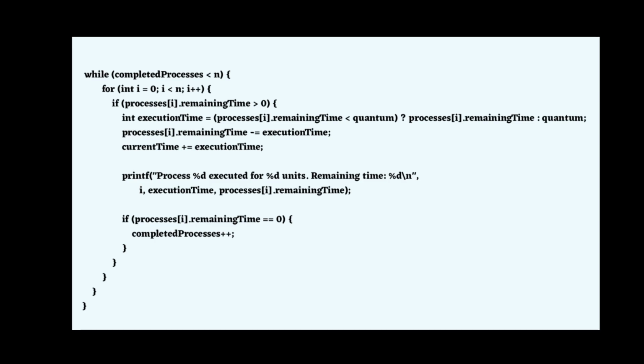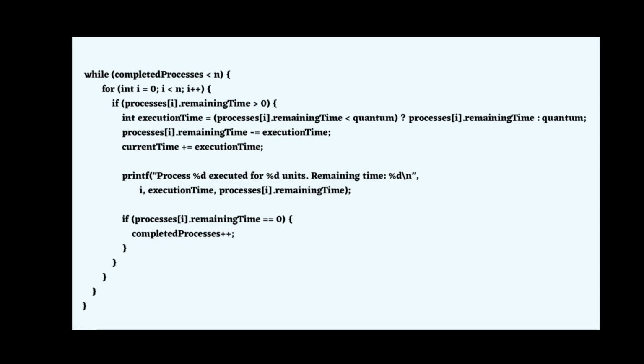Under this if condition we printf process %d executed for %d units, remaining time %d, newline, which are assigned to i, execution_time, and processes[i].remaining_time.